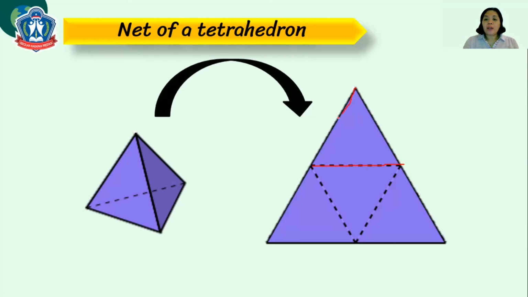What do we mean by equilateral triangles? It means that all sides are the same length. So if this is 10 centimeters, this one also should be 10 centimeters, and this side is also 10 centimeters. And you have 4, so you have to prepare 4 equilateral triangles so you can make this tetrahedron.